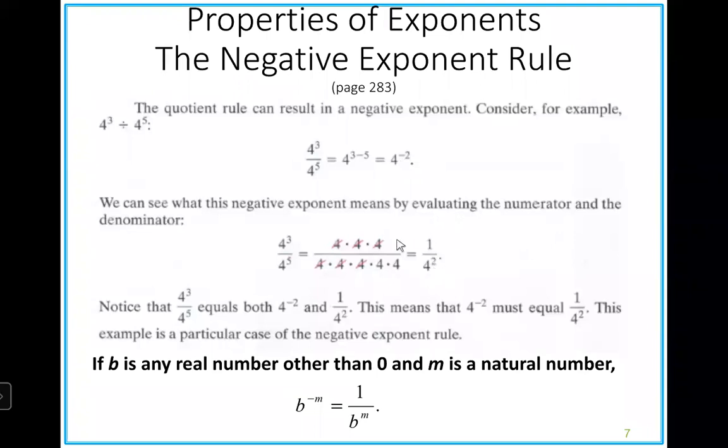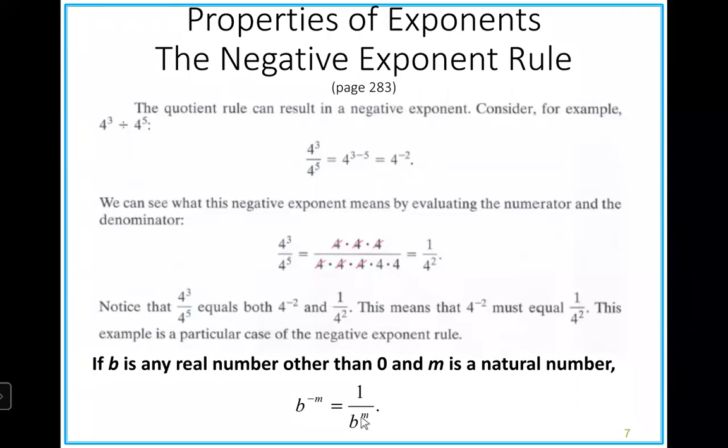And so that brings us to what is referred to as our negative exponent rule, which is stated at the bottom here. If b is any real number other than 0, and m is a natural number, then b to the minus m power is equal to 1 over b to the m.